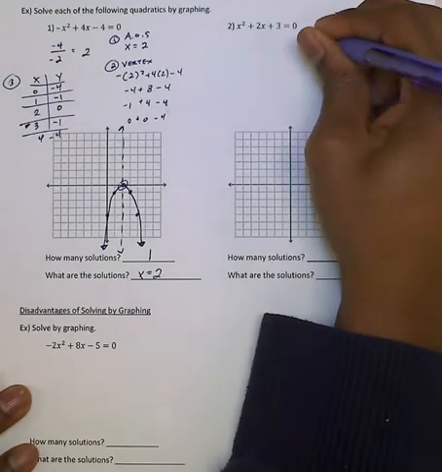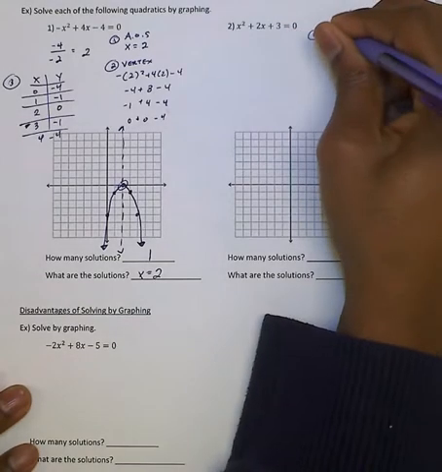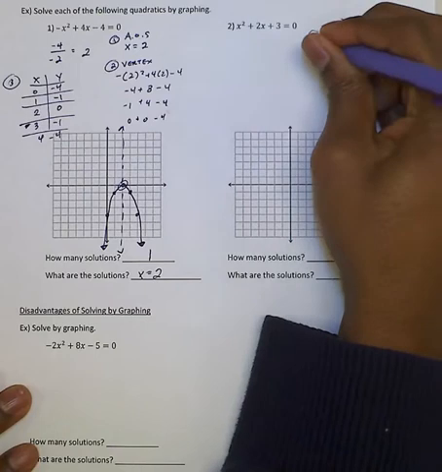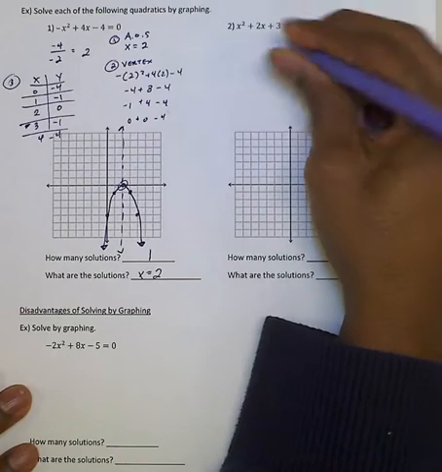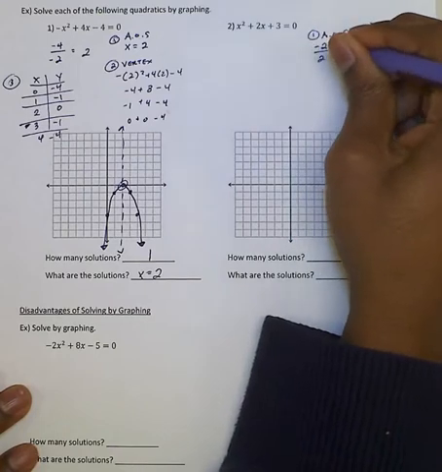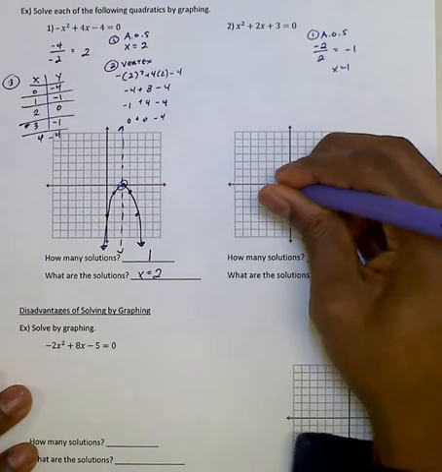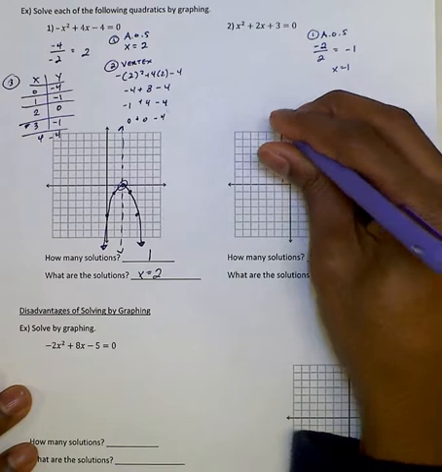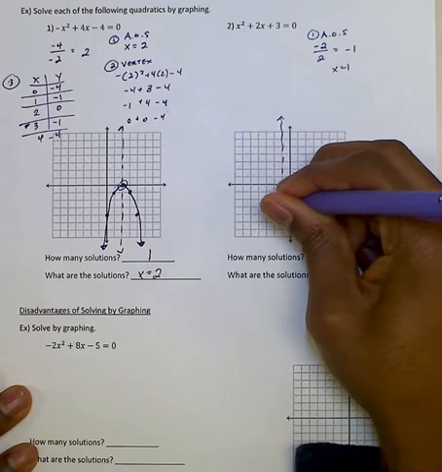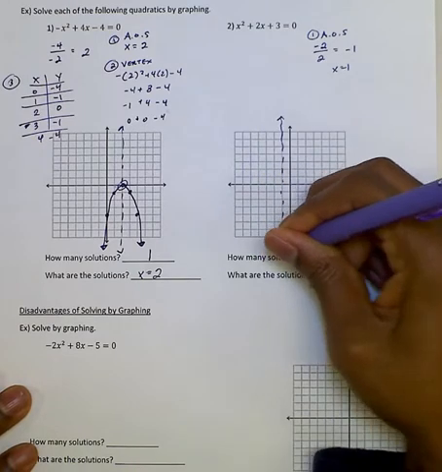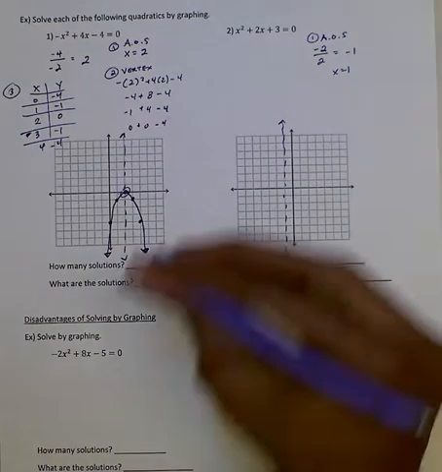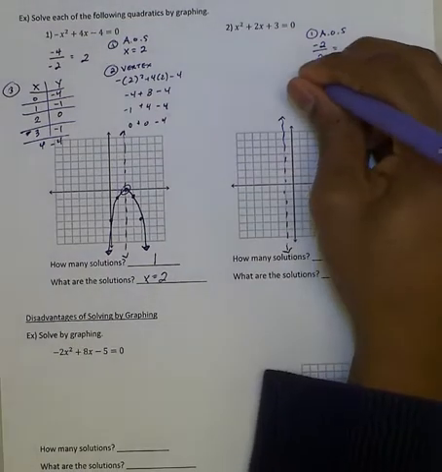Axis of symmetry. Remember, we do that opposite b, so negative 2 over 2a, so negative 2 over 2 is negative 1. X equals negative 1 is our axis of symmetry. Okay, I can put that here. We know our vertex has to be on the axis of symmetry, so we plug that negative 1 value in.